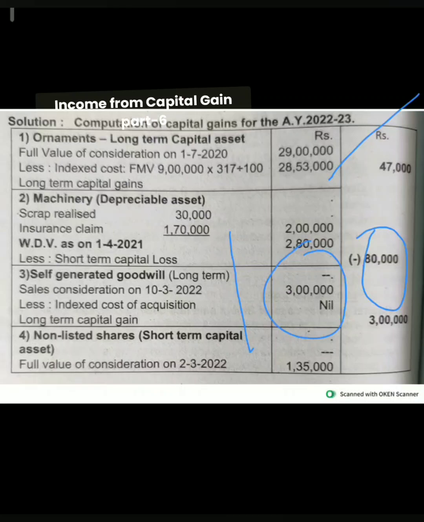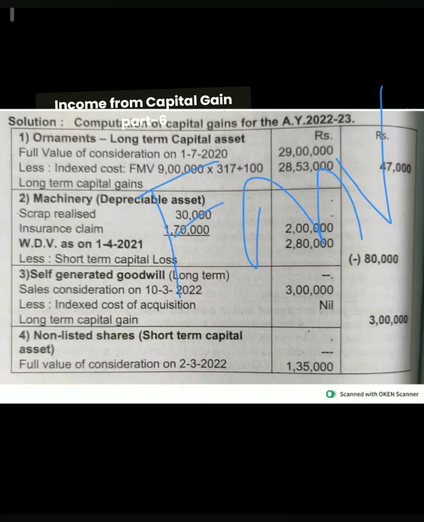One more thing, these assets were purchased before 2001-02. So for the cost of acquisition, we have to compare fair market value and purchase cost, whichever is higher should be considered here.